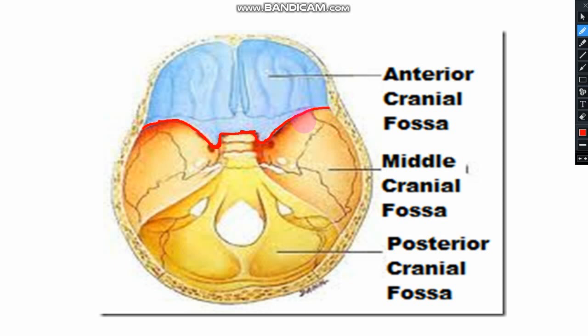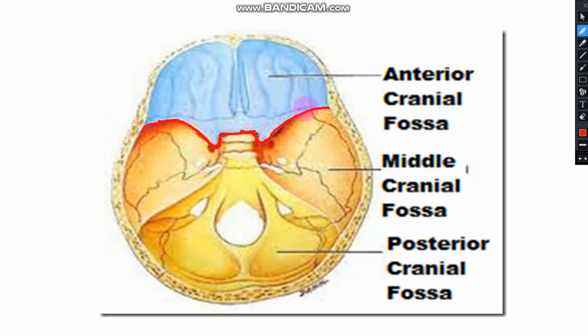The middle cranial fossa, here in orange color, has its boundary anteriorly limited by the posterior margin of the anterior cranial fossa, and laterally by the greater wing of sphenoid.